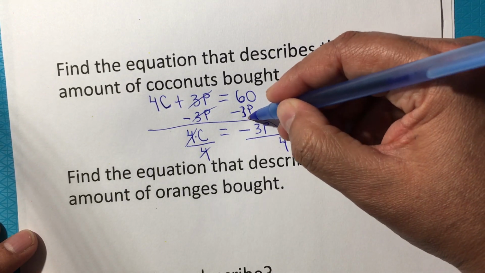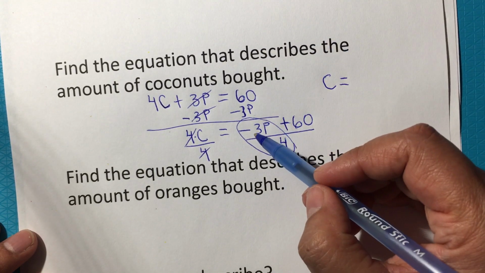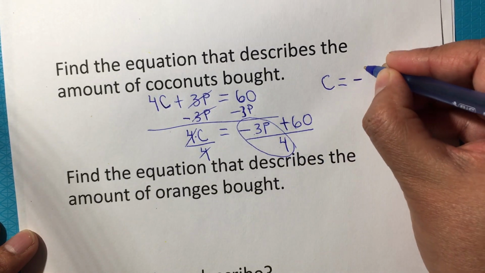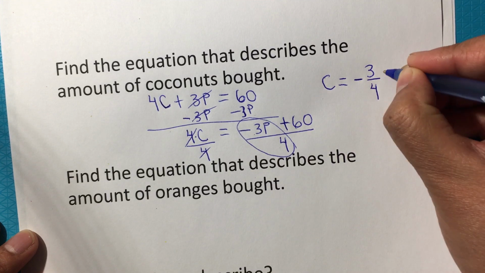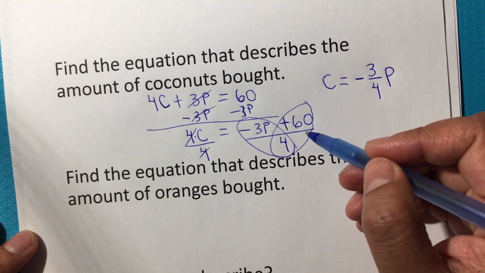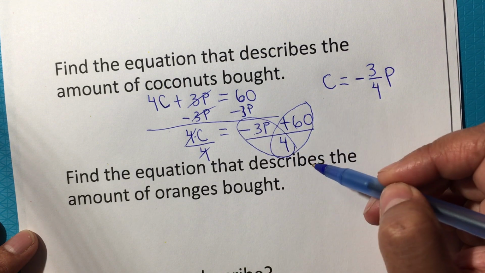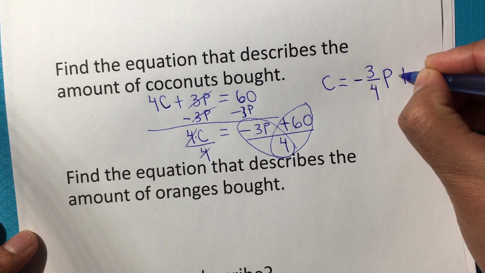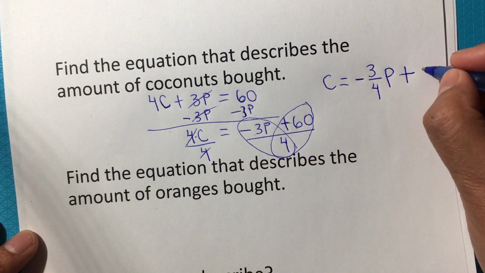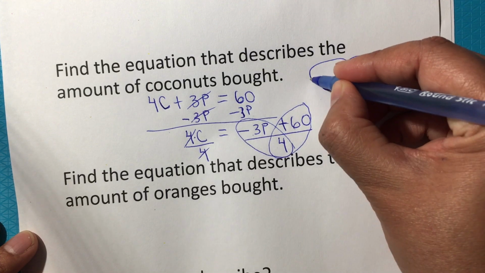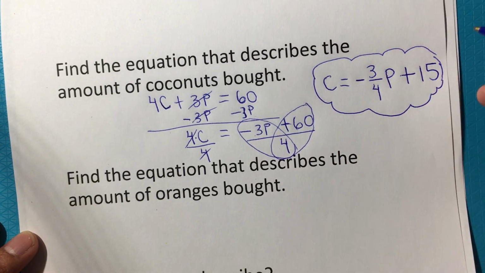So you do each term, so negative 3P divided by 4, you cannot simplify, so you just put it as negative 3 over 4 of P. And then you do the second term. I call this the pretzel because it looks like a pretzel. And then positive divided by positive is positive. 60 divided by 4 is 15. And so now you have it in terms of coconuts.